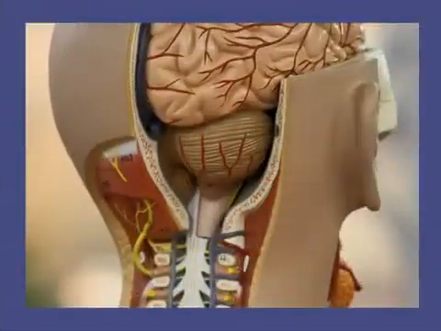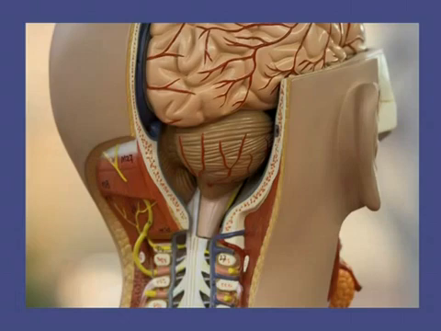But at the same time, axis, atlas, and the C7 vertebra do not have similar characteristics, so these are known as atypical vertebrae. And all the cervical vertebrae have a special feature from the other vertebrae, that is they have a transverse foramen for the passage of an important artery, that is the vertebral artery.